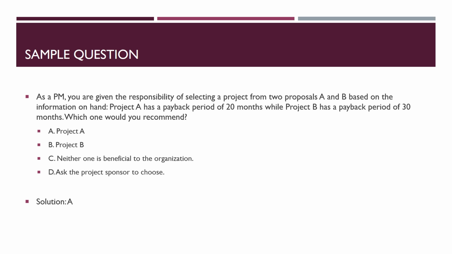In the case of project B, the organization will start making profit from the 31st month onward. So obviously, which one is better? 21st month profit is better, right? So project A is the correct answer.